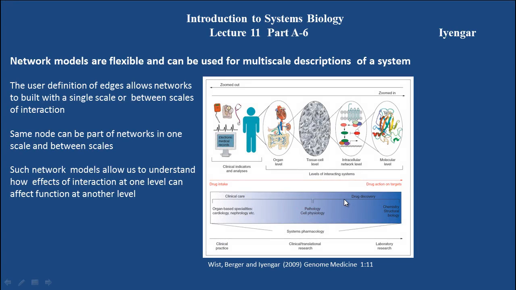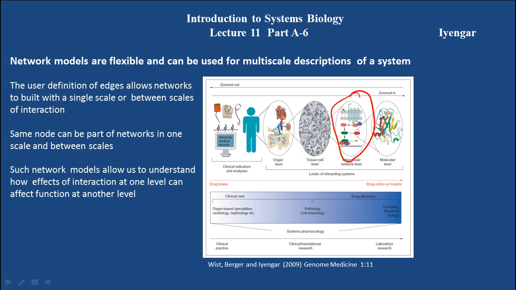The other great advantage of network models is they are flexible and can be used for multi-scale descriptions of a system. Since the user defines the edges, this allows for networks to be built across a single scale or between scales of interaction. So for instance, you can build a network where all the connectivities are at the level of protein-protein or protein-DNA interactions.